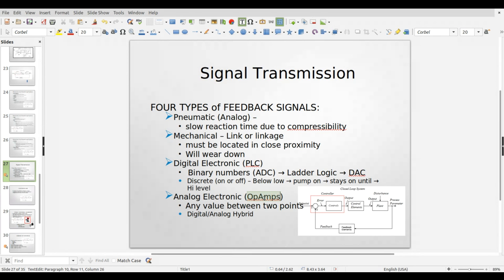If you've ever worked with an op amp, they have what they call the 741 op amp, which is kind of like the standard op amp. These things cost about, I don't know, 20 cents a piece if you buy them in bulk of 1,000 or something like that, which you probably don't, but still they're extremely cheap.